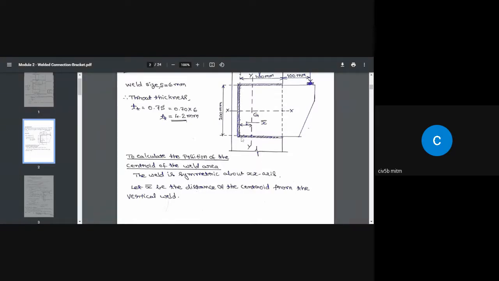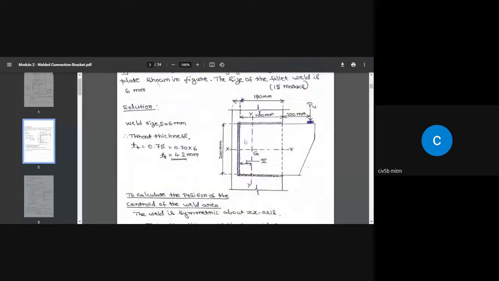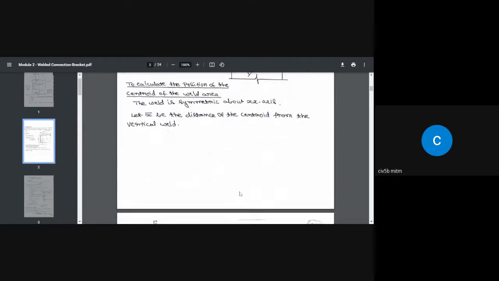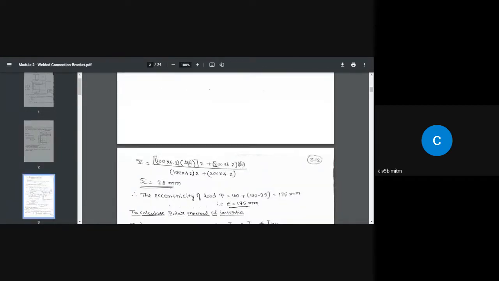That is the distance to the centroid of the weld area from this vertical axis, taken as 0 because it is very insignificant, divided by the total area of the weld, that is 100 multiplied by 4.2, and we have two such welds, one at the top and the other at the bottom, plus the vertical weld of length 200 multiplied by 4.2.